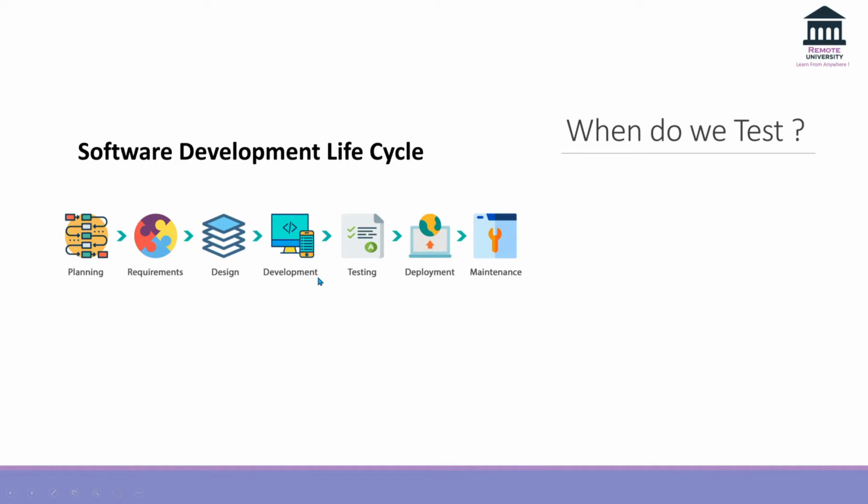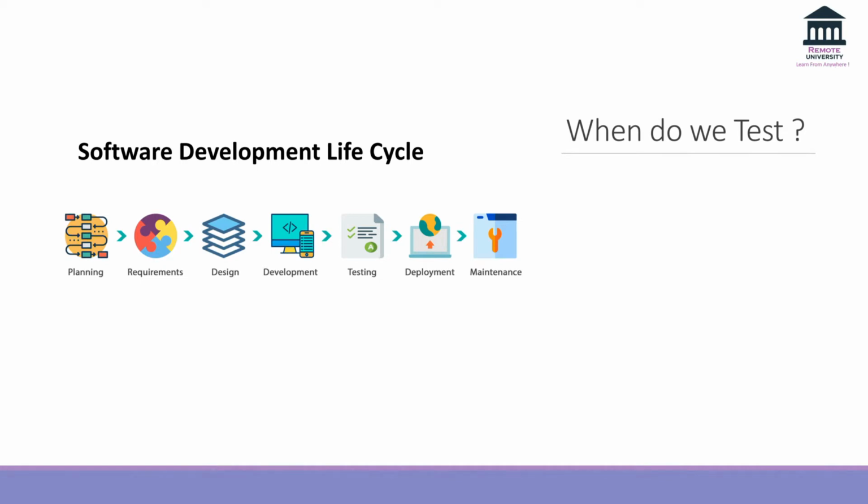Based on the programming language that is being used in the development, the programmers will start writing the code. Either it can be Java, it can be C++, it can be C Sharp, depends on the product and technology that they opted, and then they will start writing the code.